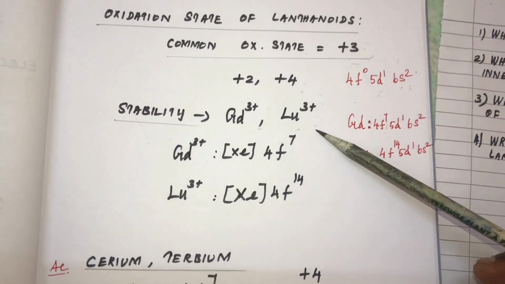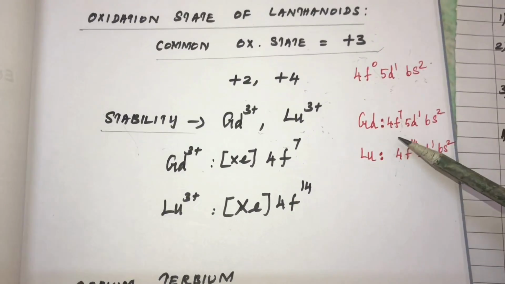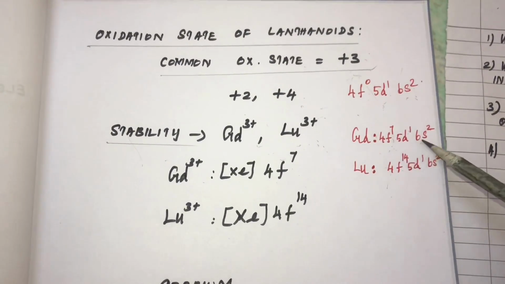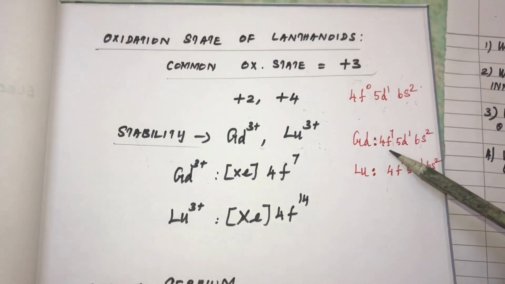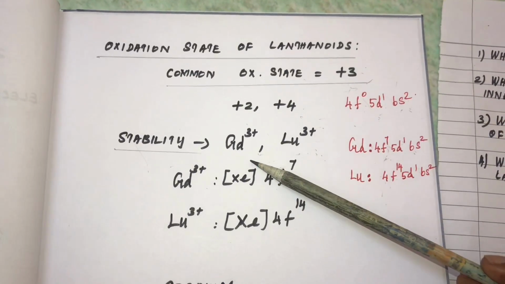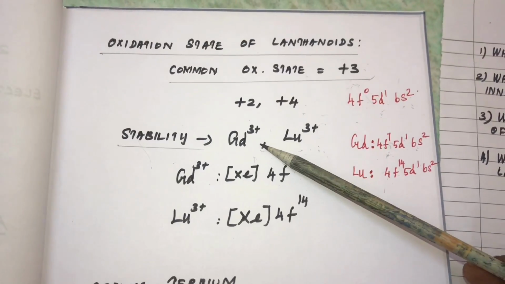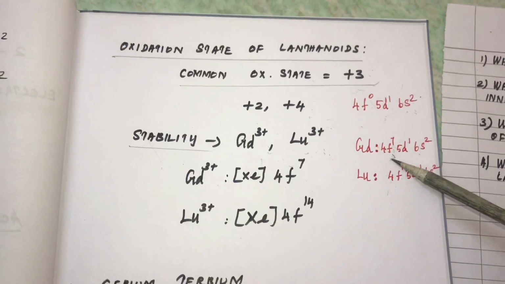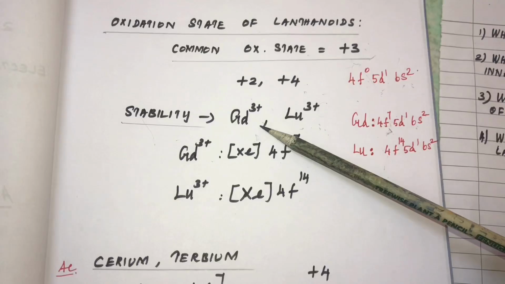Gadolinium's configuration is 4f7 5d1 6s2. In the +3 oxidation state, it gets the stable 4f7 half-filled configuration, so the gadolinium 3+ ion is found to be more stable.